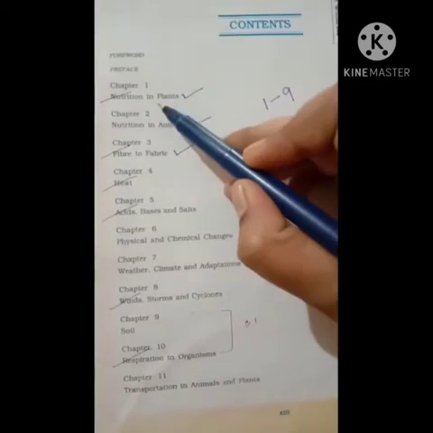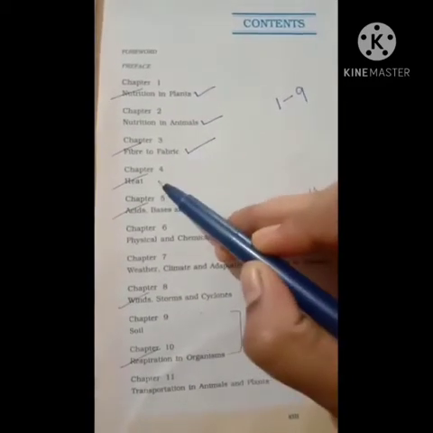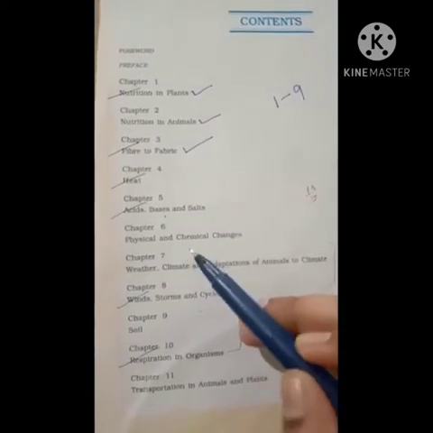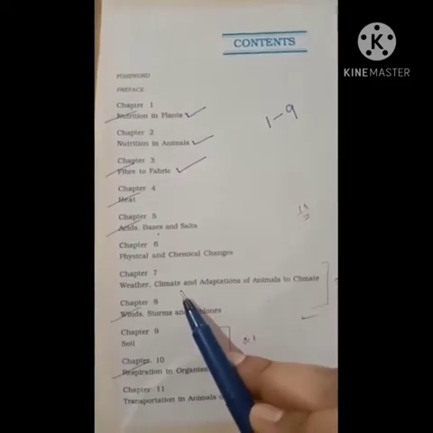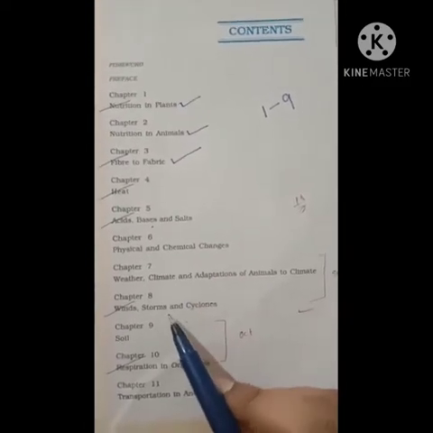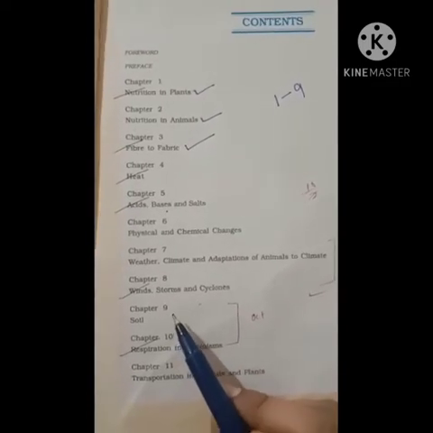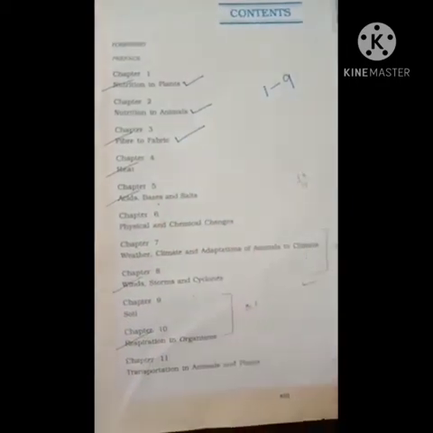That is nutrition in plants, nutrition in animals, fiber to fabric, heat, acid, bases and salts, physical and chemical change, weather, climate and adaptation of animals to climate, wind, storms and cyclones, and soil. Okay, so let us revise these 3 chapters, new types.